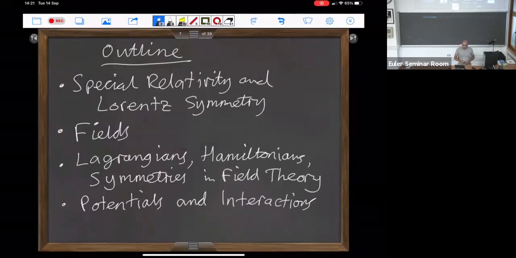Okay, so the general outline of the course will be, we'll begin today with a description of what special relativity and Lorentz symmetry are. Then we will go on to introduce fields and explain, partly, that in order to have Lorentz invariant quantum mechanics, you really have to go to field theory in some sense.